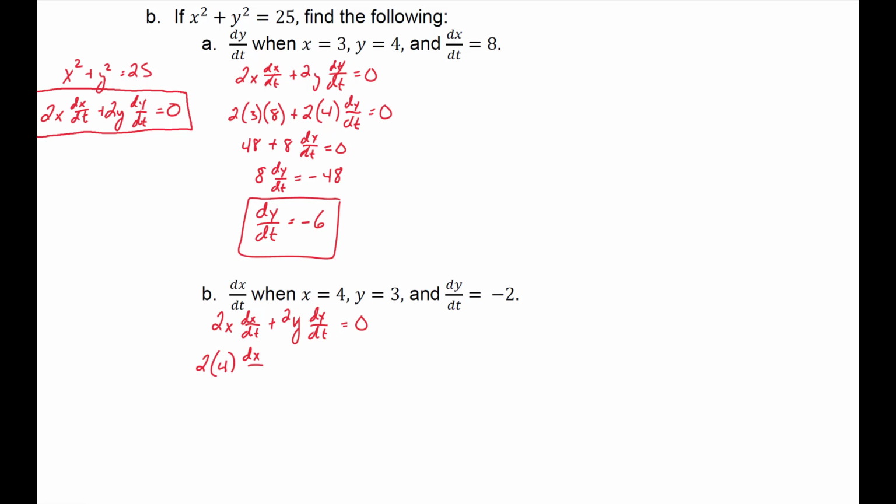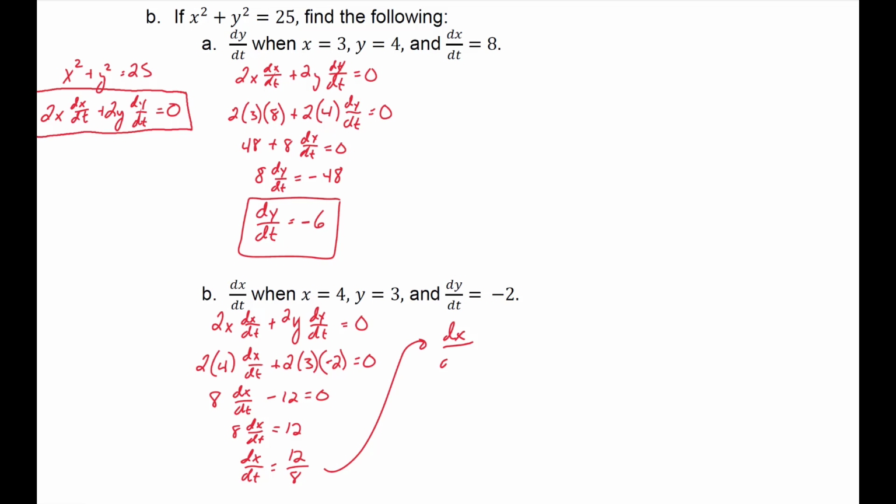We don't know dx/dt. 2y, we're told, is 3, and dy/dt is negative 2, equals 0. So we have 8 dx/dt minus 12 equals 0. Add 12 to both sides: 8 dx/dt equals 12. So dx/dt is equal to 12/8, which simplifies, so we get dx/dt equal to 3/2.